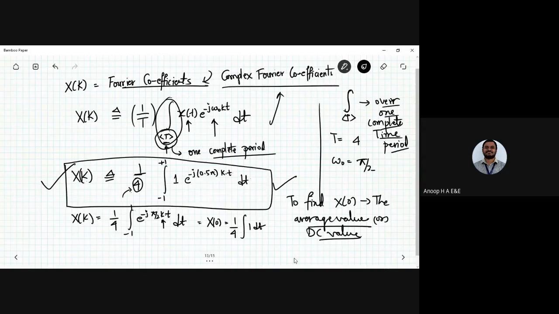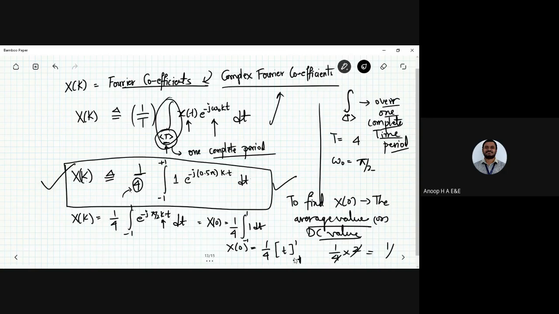Hope you are getting what I'm doing here. So x of 0 would be 1 divided by 4, integral of dt with the limits minus 1 to 1, this is t. So 1 minus of minus 1, that is 2. 1 by 4 into 2.